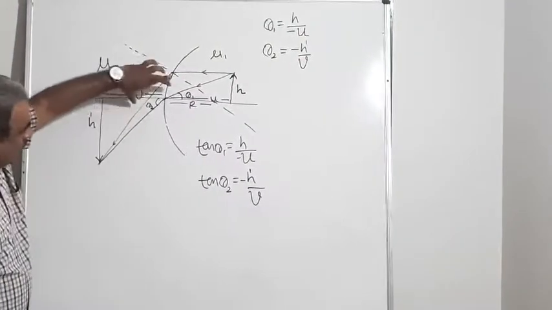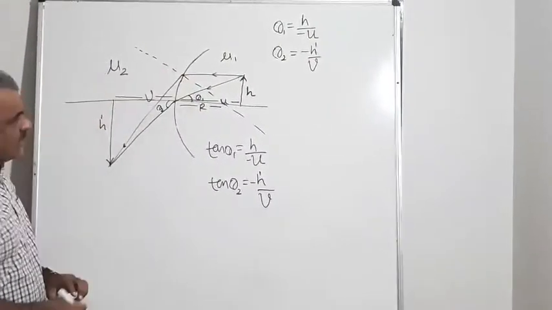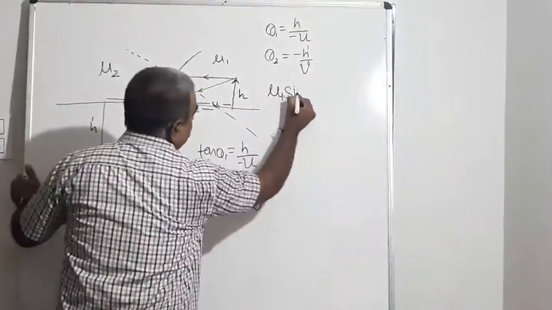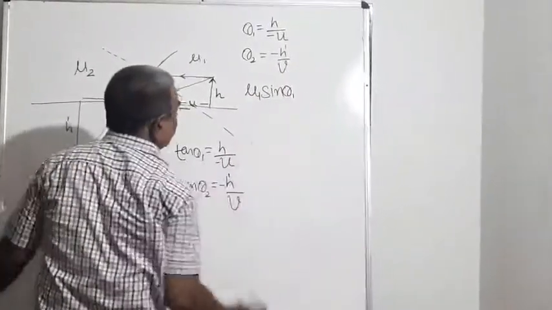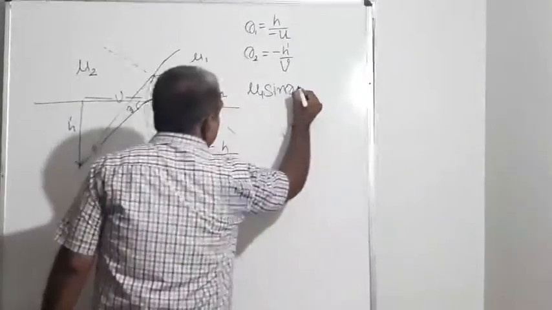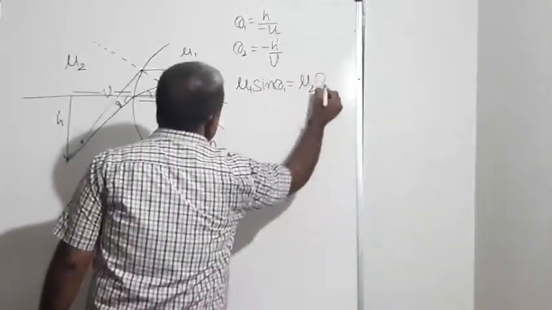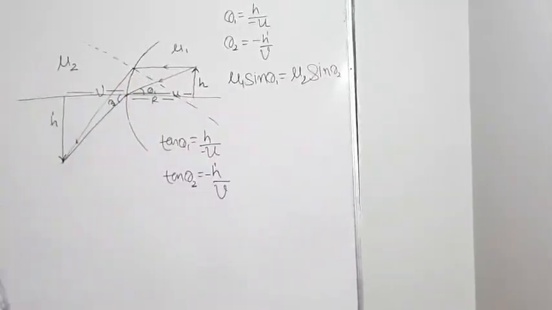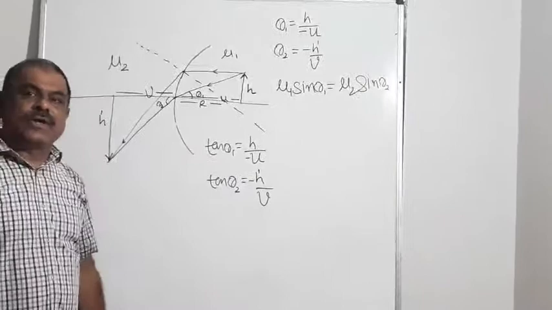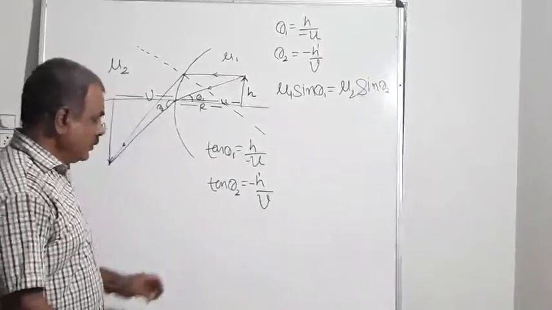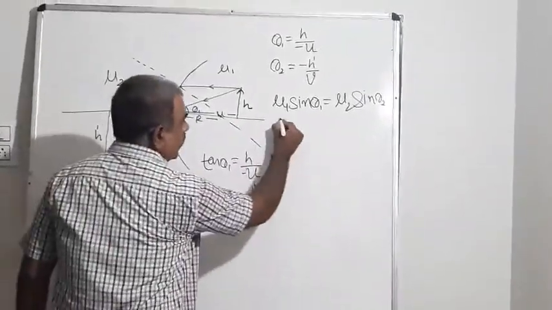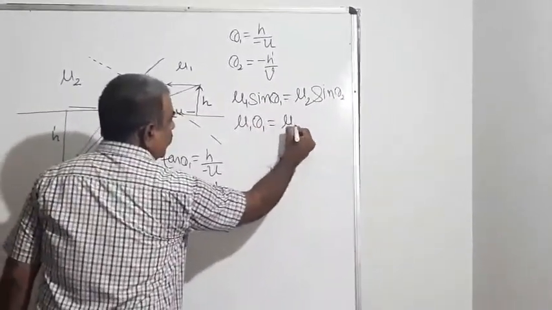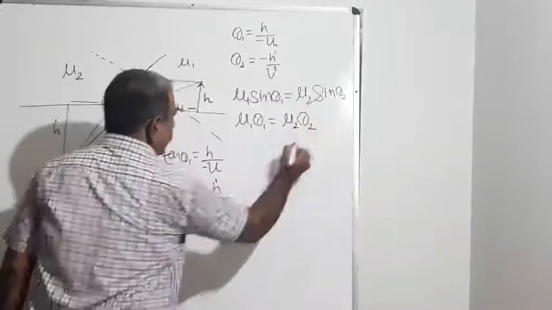At the same time, particularly for this ray, if I am applying Snell's law, what am I getting? mu1 sin theta 1 is equal to mu2 sin theta 2. Again, for small angle, sin theta you can replace with theta. So this equation will reduce to mu1 theta 1 is equal to mu2 theta 2.